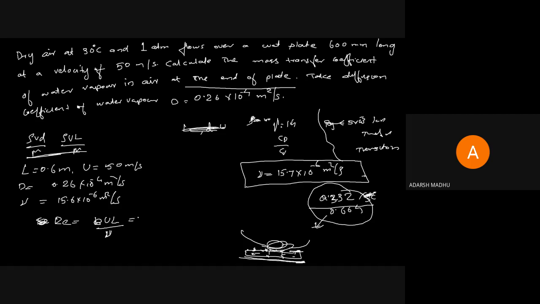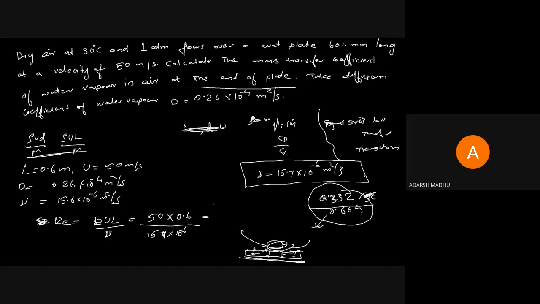U is 50 meter per second, 50 into length, which is given as 600 mm. To convert into meter, it is 0.6 meter, divided by mu. Mu value is 15.7 into 10 power minus 6. You will get the Reynolds number value.